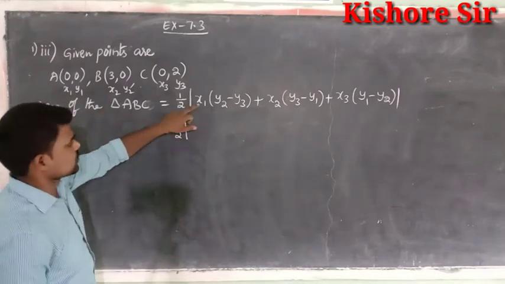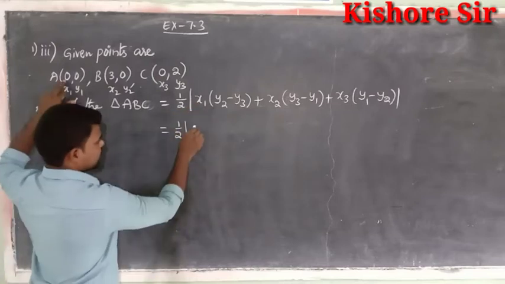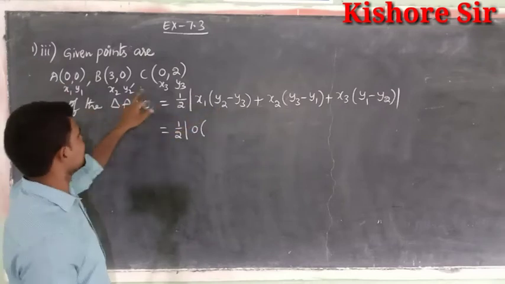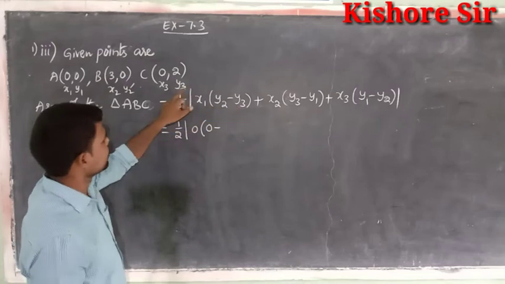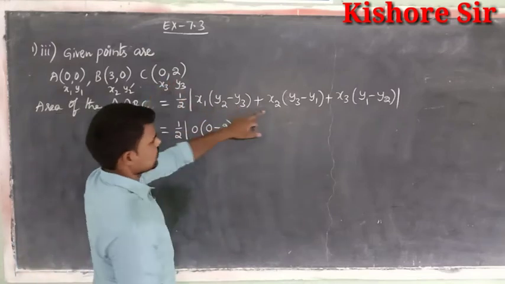Okay. First, x1. The value of x1 is 0, into y2, whose value is also 0, minus y3, value 2, plus x2.